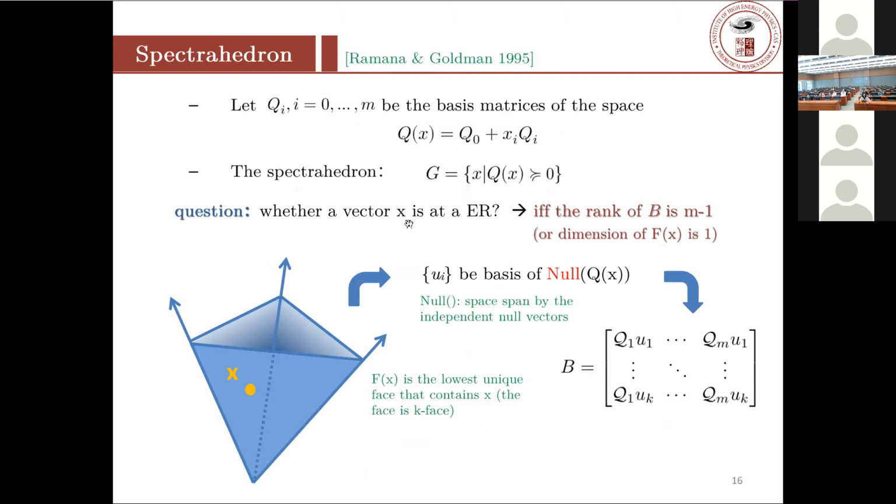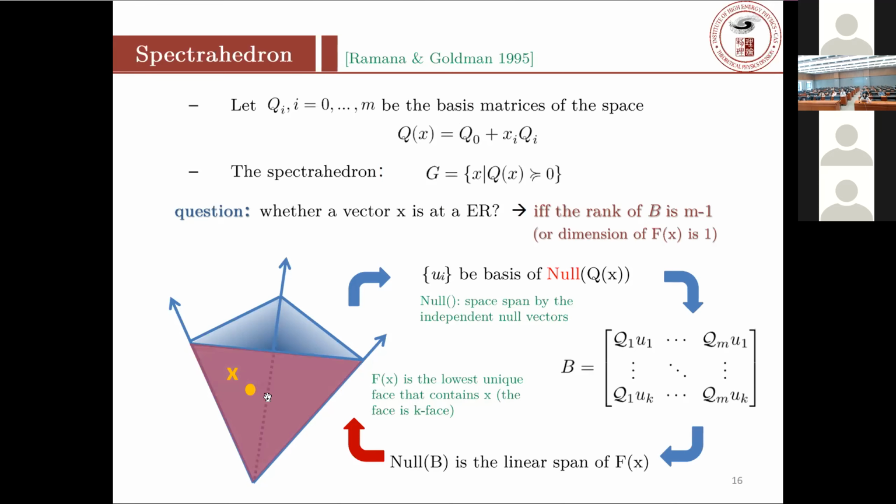So I say maybe we can just accept it as a theorem, where we first let Fs be the lowest unique phase that contains S, and we let the Ui be a basis of the null space of Qs. Then we can construct a so-called B matrix here. The paper says that the null space of the B matrix will be exactly the linear span of the Fs.